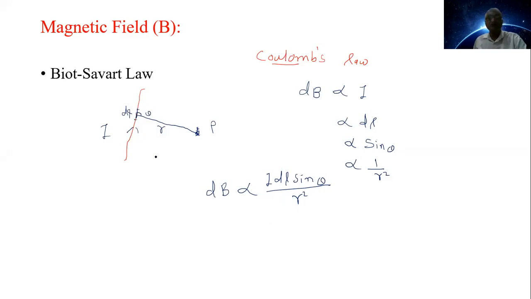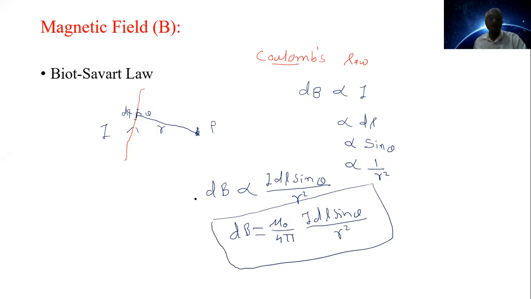This is known as the Biot Savart law. Here we consider the constant of proportionality as mu 0 upon 4 pi, and therefore we get dB is equal to mu 0 upon 4 pi I dl sine theta upon r square. This is known as the Biot Savart law, which is used for the determination of the magnetic field due to the current element.